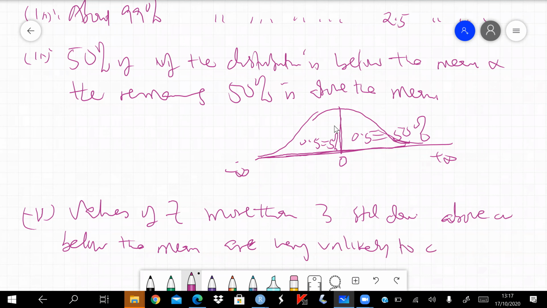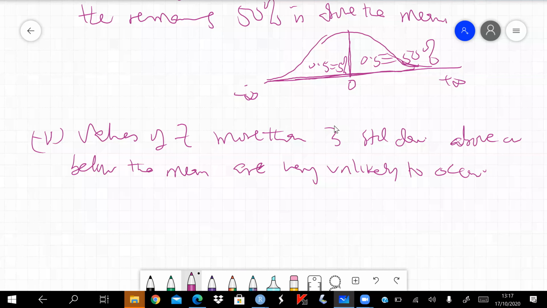So we're saying that the probability of Z occurring beyond plus or minus 3 is quite small.